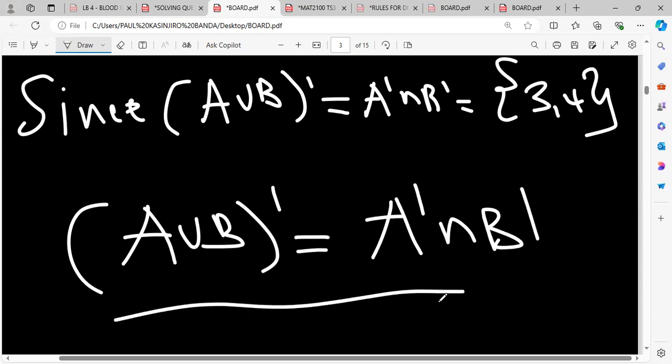Here you can write hence proved. You would have proved the identity.